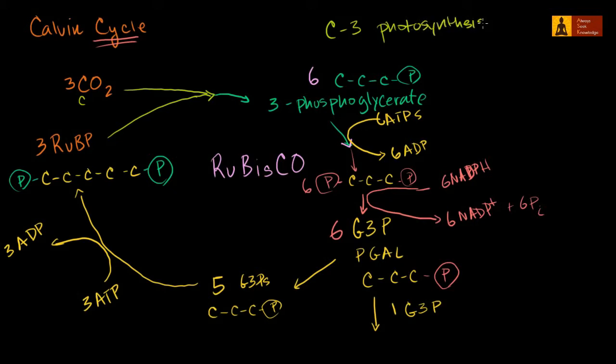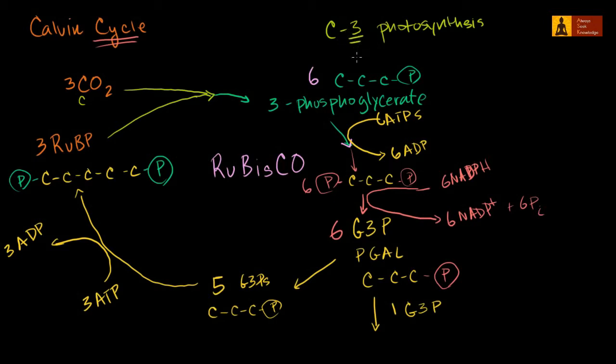The whole reason why it's called C3 photosynthesis is because the very first product that you get when you react with carbon dioxide, the first time you fix your carbon dioxide, remember, carbon dioxide fixation is when you take it in its gaseous form and you're actually putting it into a molecule, the very first carbon molecule you get once the carbon dioxide gets fixed is a 3-carbon molecule. It's phosphoglycerate. That's why I showed it to you there, because that's where the 3 in C3 photosynthesis comes from.